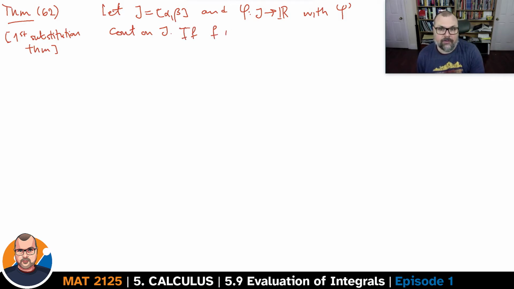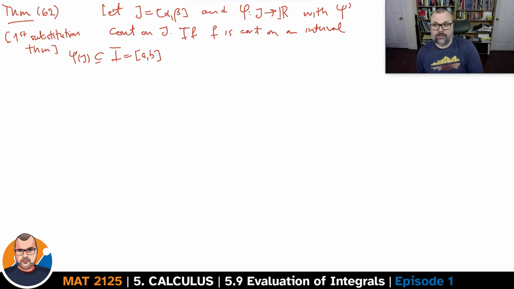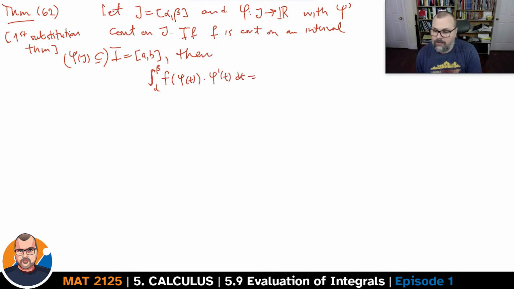If f is continuous on an interval I, so this is [a,b], which contains the image of J by phi, then the integral between alpha and beta of the function f(phi(t)) times phi prime(t) dt is going to be the integral from phi(alpha) to phi(beta) of the function f(x) with respect to x.